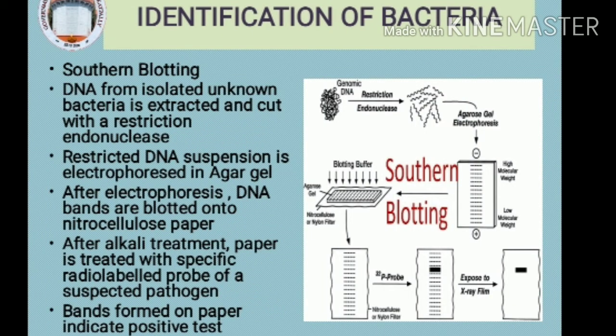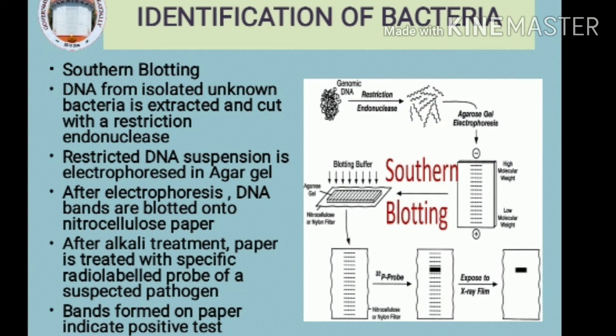Southern blotting is a powerful technique for identification of bacteria. What is this technique? Genomic DNA is isolated from unknown bacteria from a clinical specimen. This DNA is cut with a restriction endonuclease.